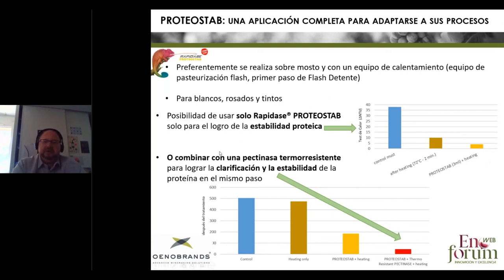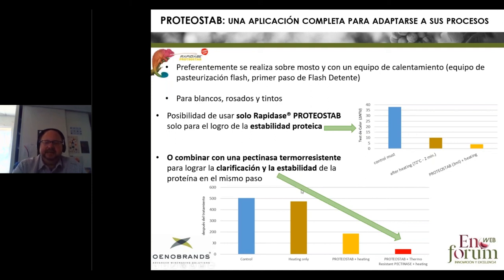You can also combine this protease with a thermoresistant pectinase and achieve both protein stability and clarification in the same step, during the heating step.